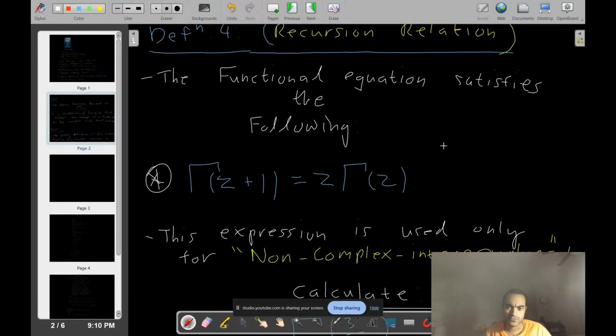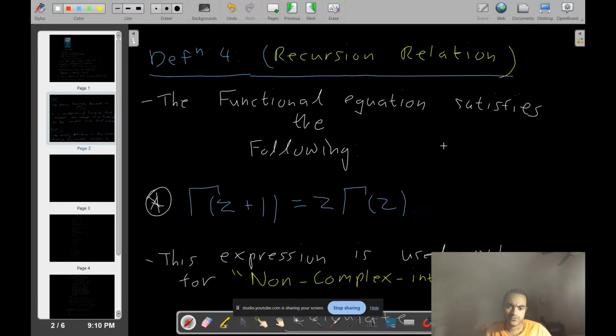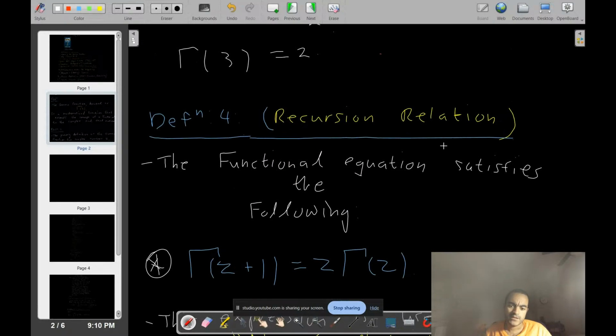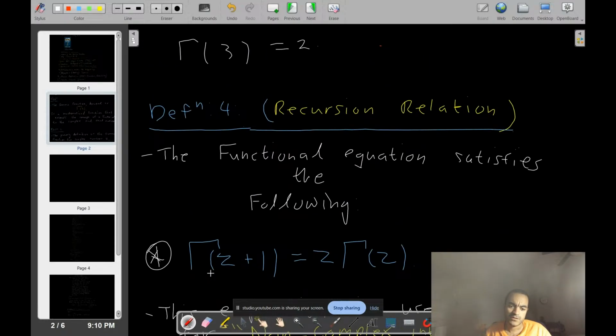For the gamma function, gamma of z plus 1 equals z gamma of z. What does this expression represent? What is it used for? The one that I have in the asterisk, what is this used for, if anybody knows? It is a gamma type of equation, but it's used for special cases.